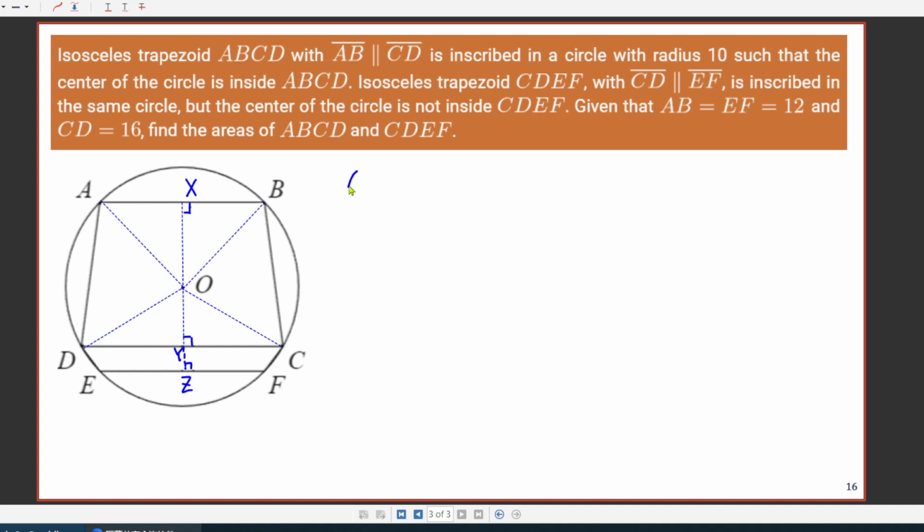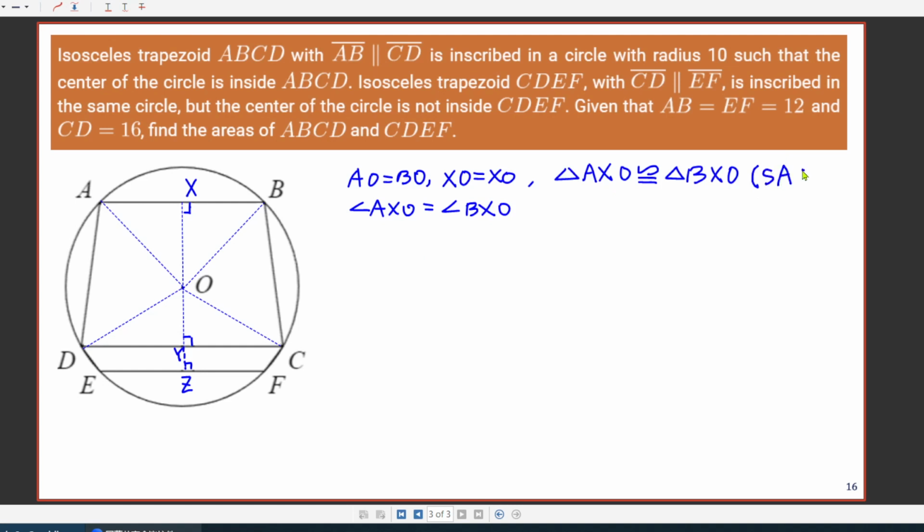And since AO equals BO and XO equals XO, of course this is obvious, we have triangle AXO congruent to triangle BXO, together with angle AXO equals angle BXO, by SAS.